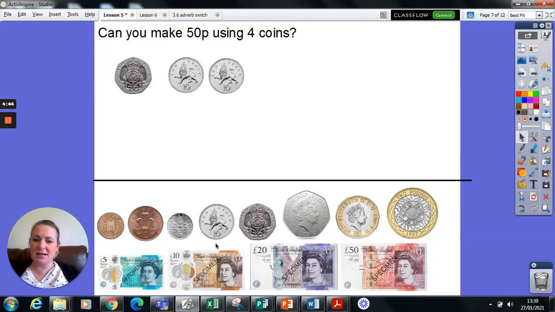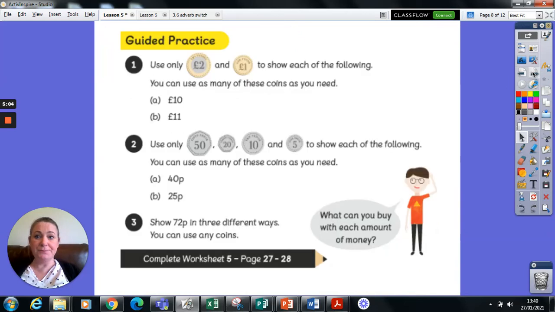Well, I know that 3 10s make 30p, and that's a total of 3 coins here to make 30p, another coin here, a total of 50p made using 4 coins. There are other solutions. Perhaps you could send them into your portfolios if you find any.